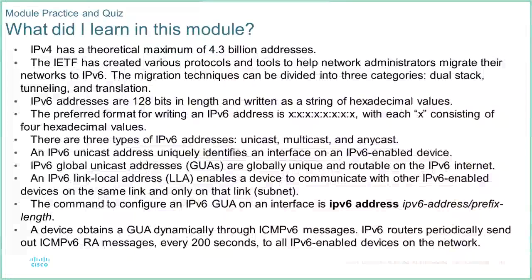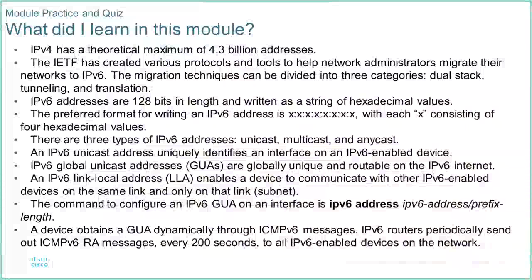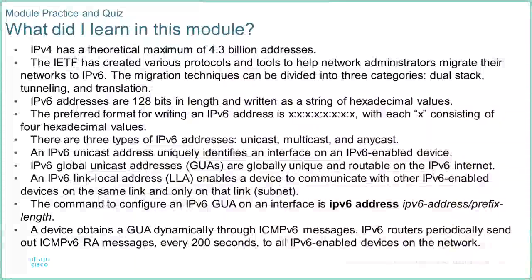And DHCPv6 works using a router solicitation message and router advertisement message to point individual hosts in the direction of the DHCP. So it's a little different, but it still works equivalent to v4.